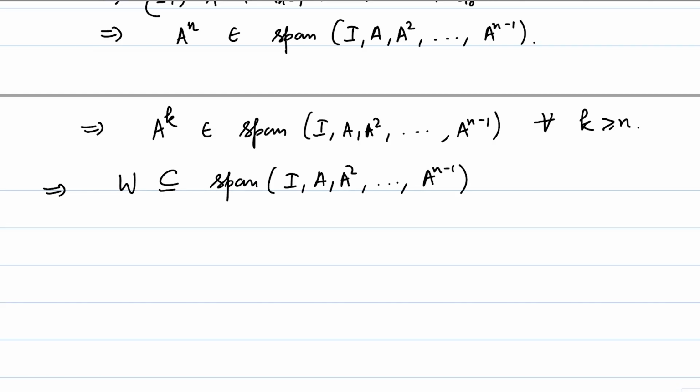But W is the span of I, A, A square and so on, and therefore the right hand side in particular is contained in W. Hence, by this observation and the fact that the span of I, A up to A to the power n minus 1 is contained in W, we get W is equal to the span of I, A, A square up to A to the power n minus 1.